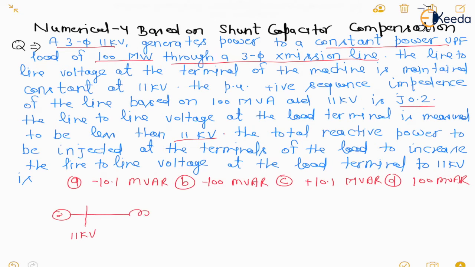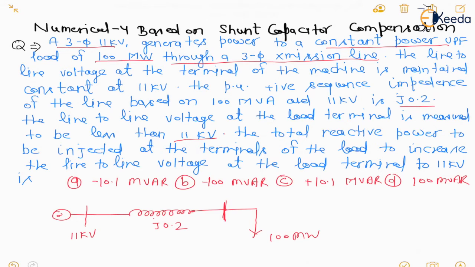And this is the line, per unit positive sequence impedance of the line has been given as J0.2, and the line to line voltage at the load terminal is measured to be less than 11 kV. So here it is also given as load of 100 megawatt and the voltage of this end has been given as less than 11 kV.